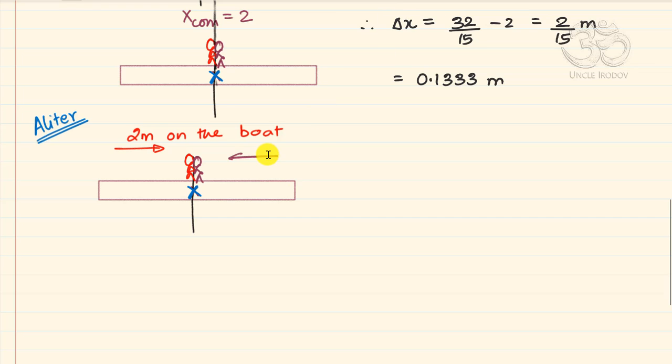B moves 2 meter on the boat, and let's say the boat itself moves, and we have no clue what is the direction in which the boat moves. So maybe one of you assume the boat to move to the left hand side by some amount x.